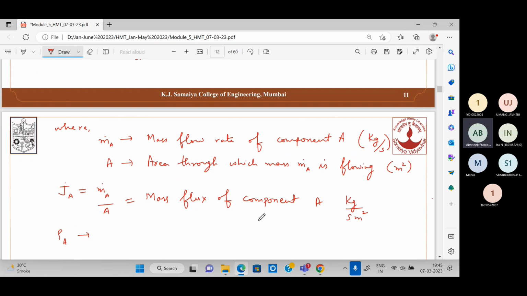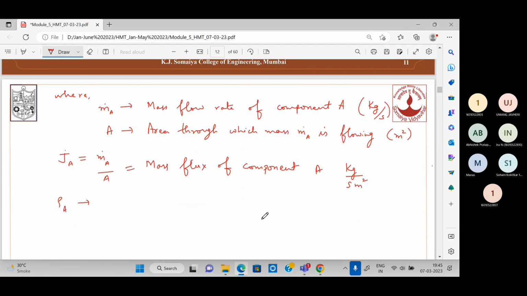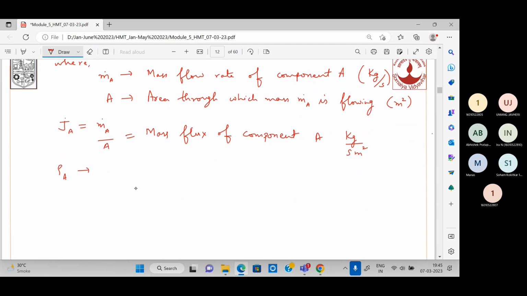So what is this rho A? Rho A is the mass concentration of component A per unit volume.